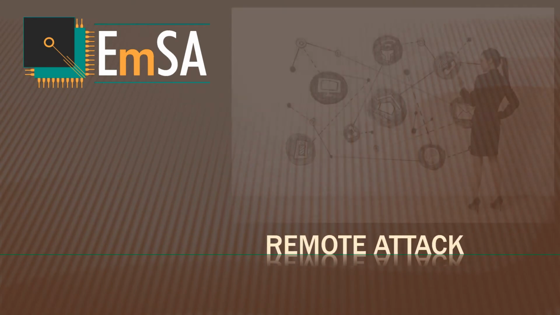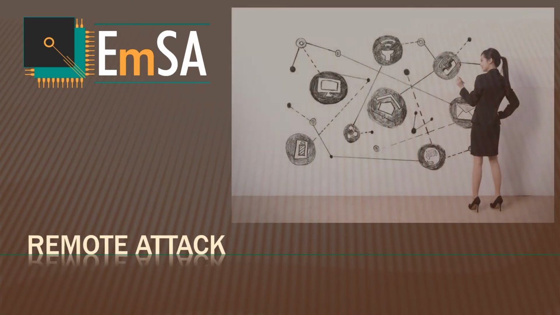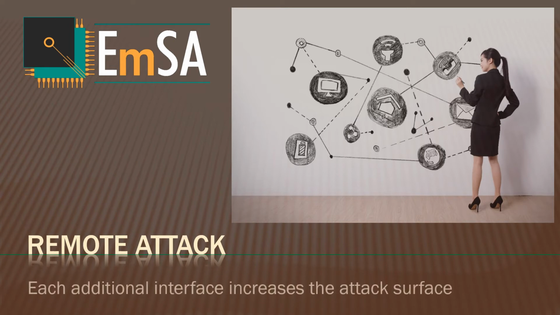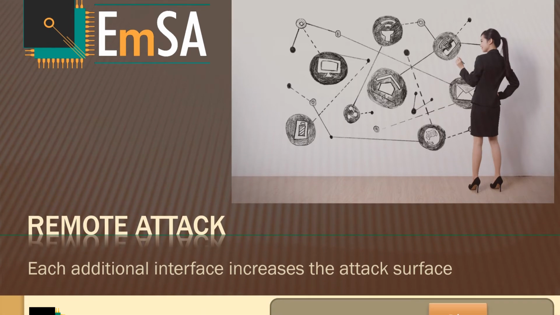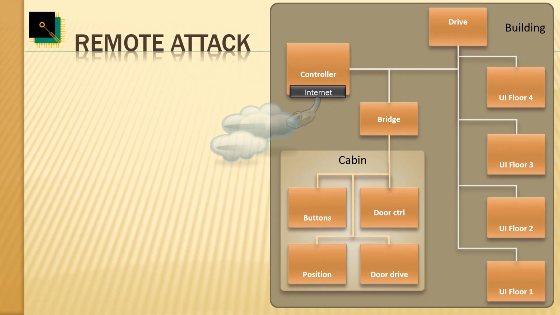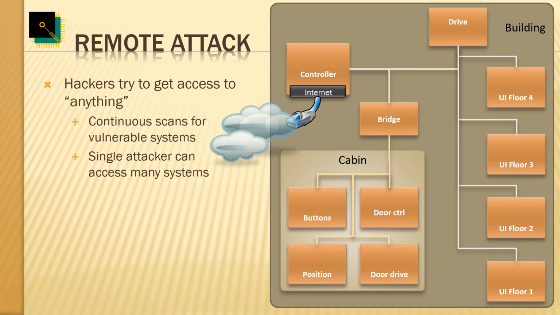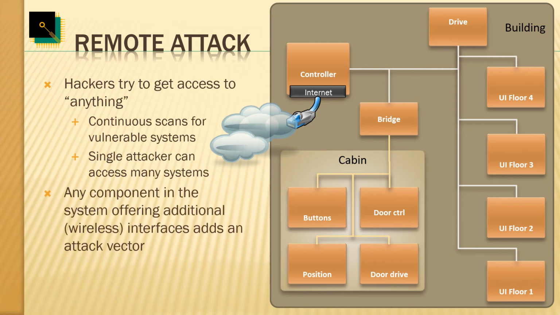Remote attacks are far more attractive to many hackers because it potentially gives them access to many systems and not just an individual system like with a physical attack. So every internet connection or potentially usable connection towards the internet needs to be examined and protected. Every internet connection we have in our CAN system requires protection because hackers are continuously scanning the internet for vulnerable systems.